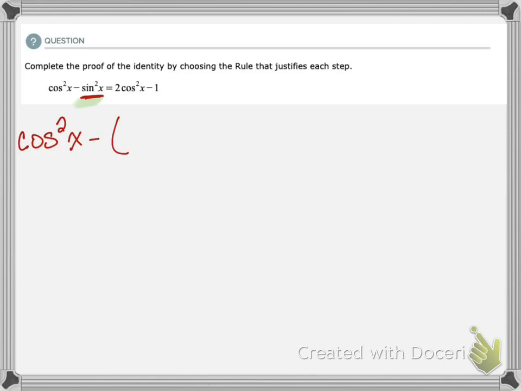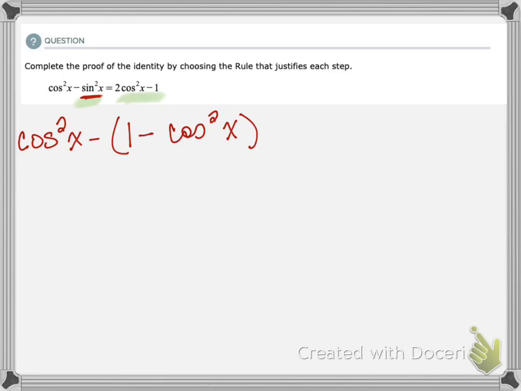So I have 1 minus cosine squared of x. Okay, and that equals, and what I'm trying to get it to equal is 2 cosine squared x minus 1. Now, I've got to give a reason.